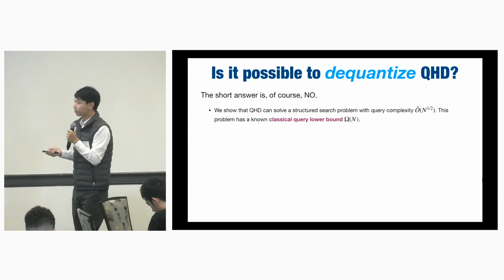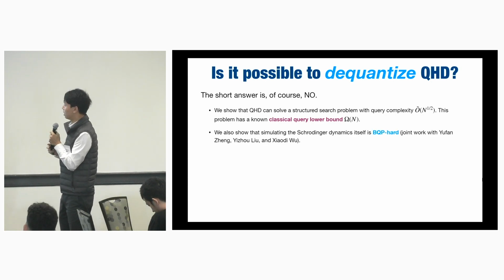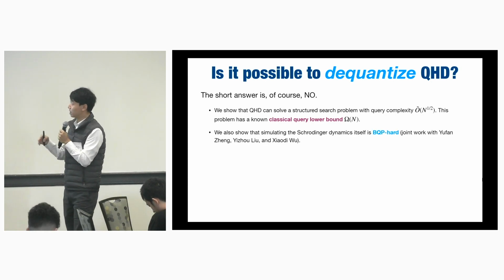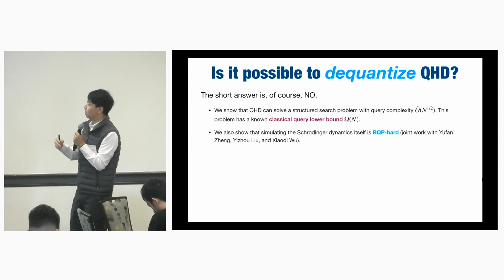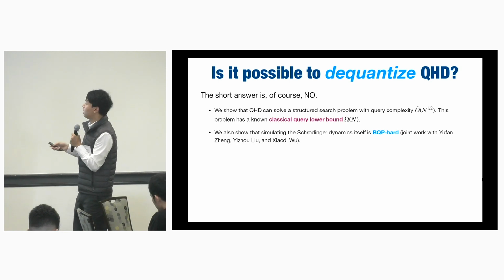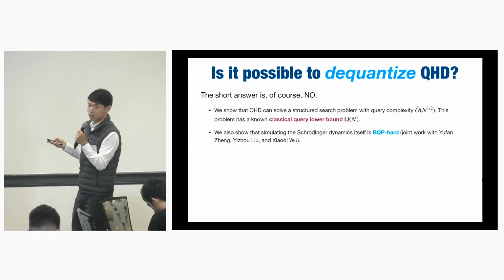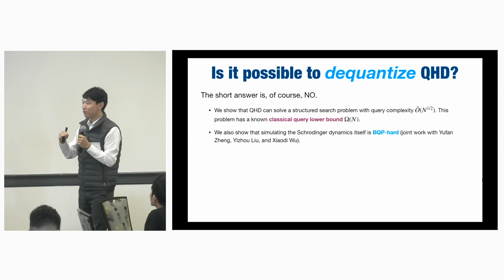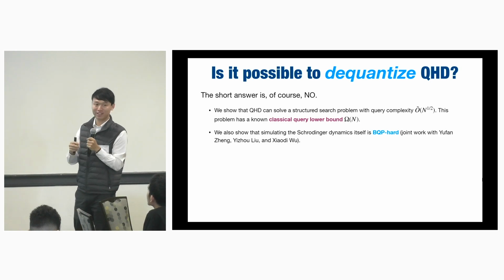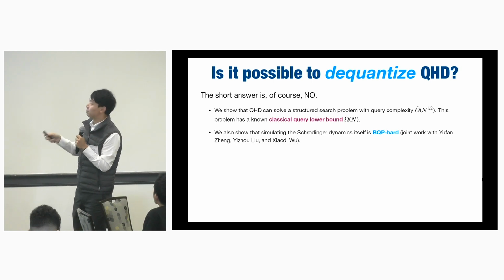And in a recent work, a joint work between some folks here at UMD and me, we showed that simulating this Schrodinger dynamics itself is BQP hard. Even though this sounds very trivial, when you try to do the proof, it's actually not as trivial as you think, because this Schrodinger dynamics is also kind of restricted.